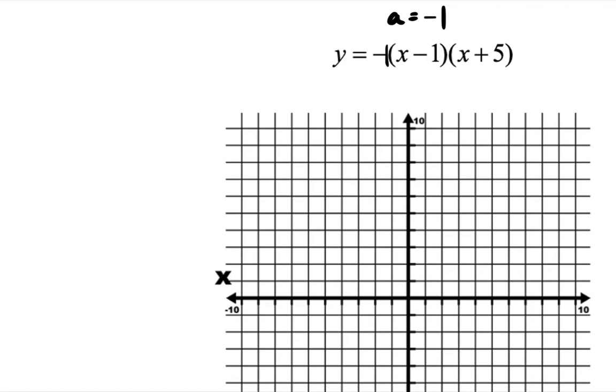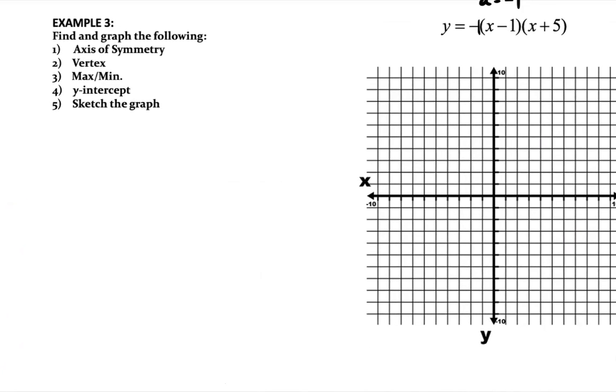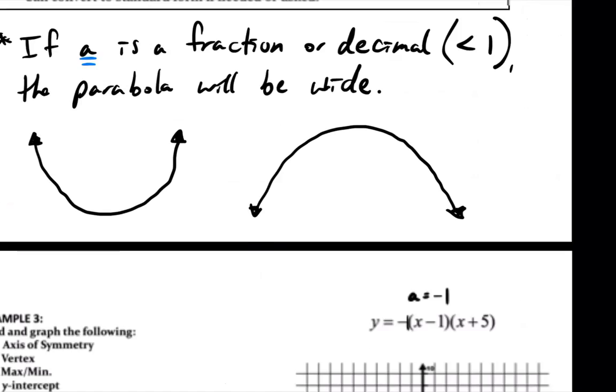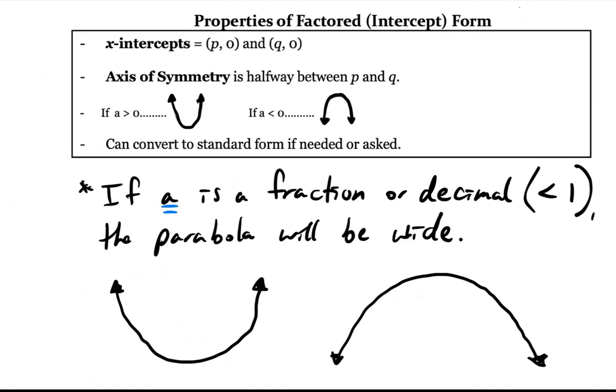Okay, all right, so let's go look at this. I'm going to do this one out of order too. Actually, I'm going to do one that's not even up there. It's in factored form. So my notes said, if it's in factored form, the first thing I should find is the x-intercepts.